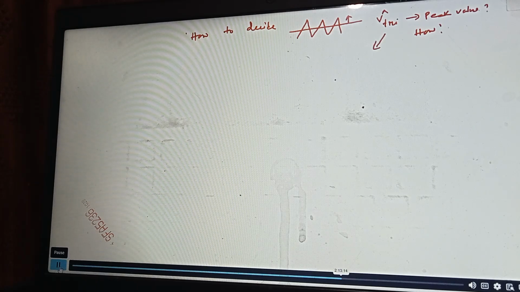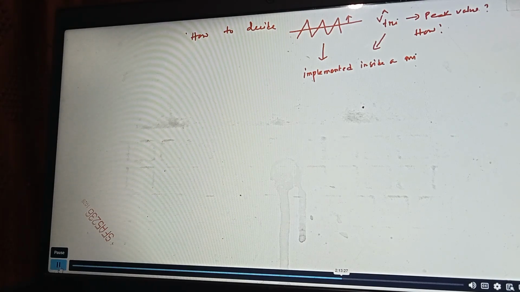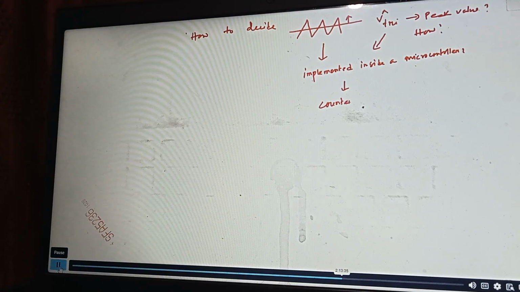So this carrier signal, as I told earlier, is implemented inside a microcontroller. How? Generally, it is implemented by a counter for simplicity and understanding. Counter comes under the subject called digital electronics.